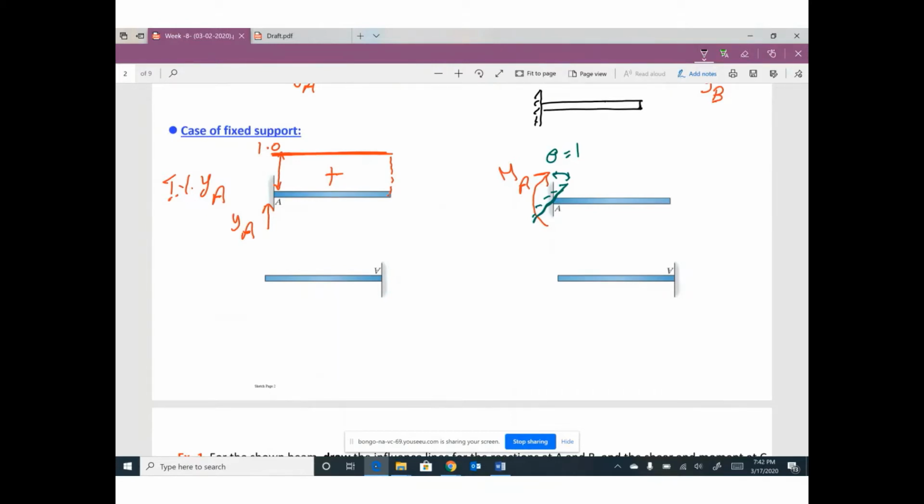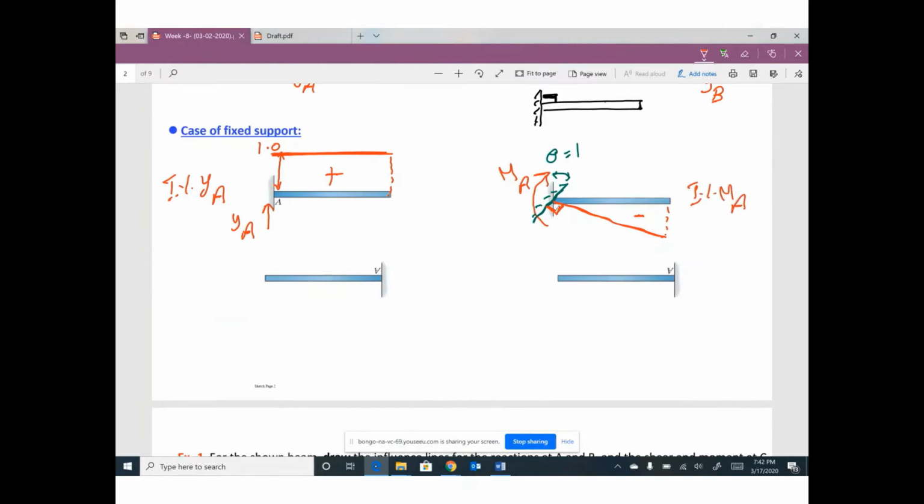Between the beam and this fixed support, we have a perpendicular angle, a 90-degree angle. So this angle must remain 90. After you rotate this fixed support, the new shape of this beam must be like this, to be perpendicular to the new position of the fixed support after rotation. This shape can be called the influence line for MA.